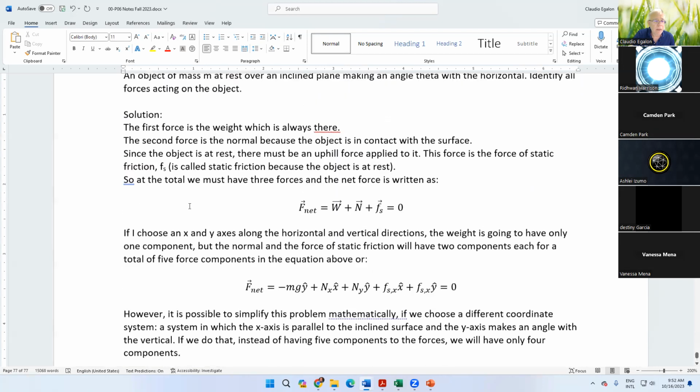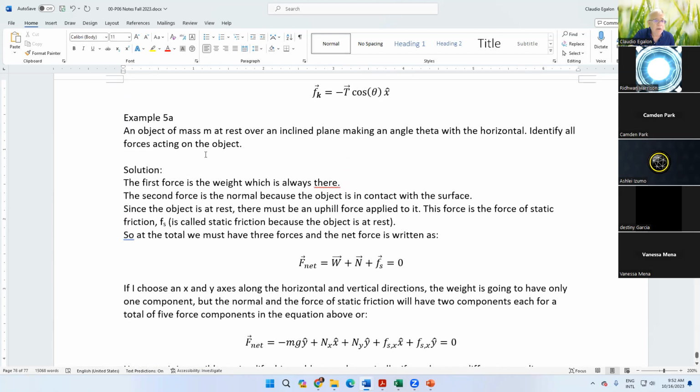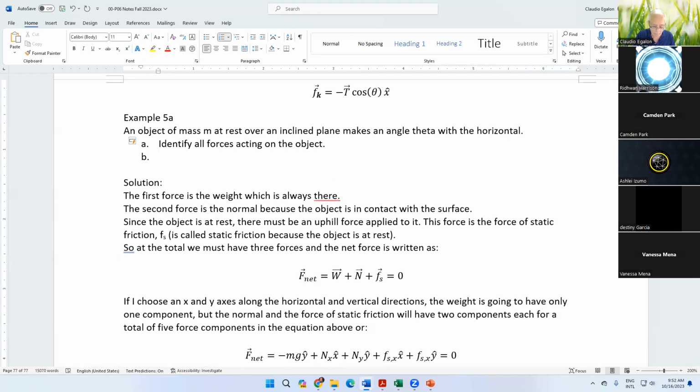Okay, so let's see. An object with mass m at rest over an inclined plane makes an angle theta with the horizontal. A. Identify all forces acting on the object. Solve this problem using 2 different coordinate systems.